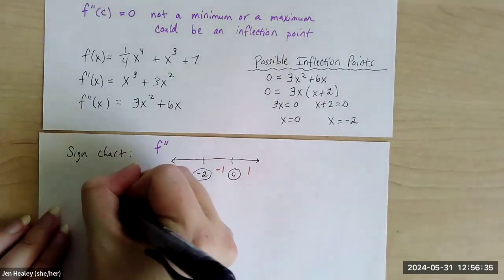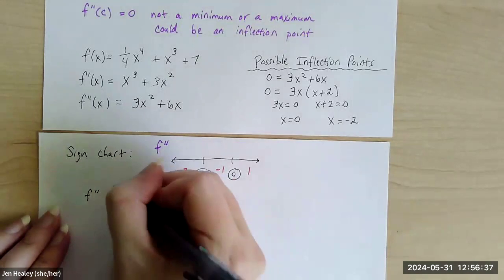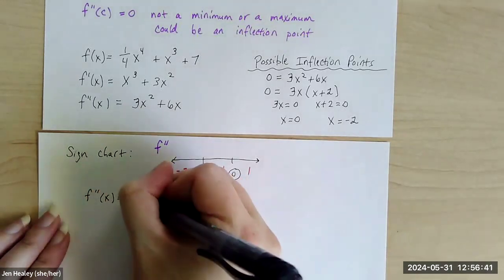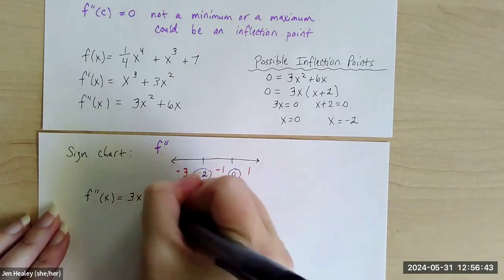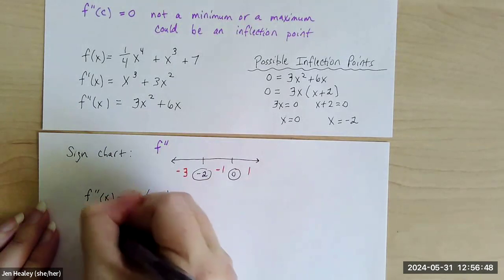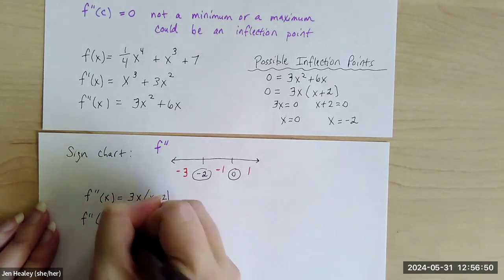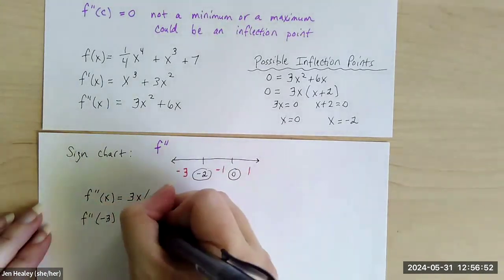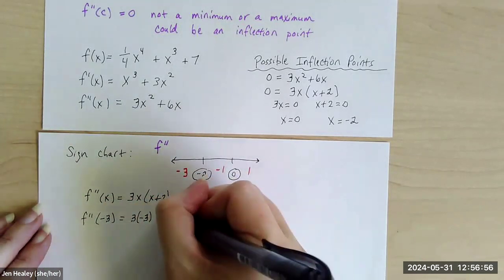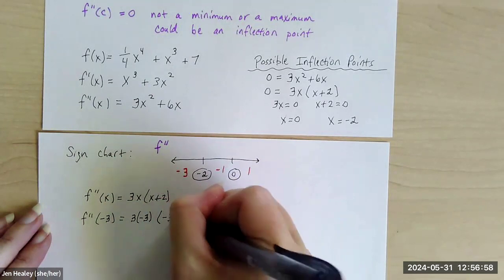So we said second derivative, it's probably going to be helpful if we write it in factored form. So we'll have the 3x and then the x plus 2 there. So we plug in -3. 3 times -3, and then -3 plus 2.